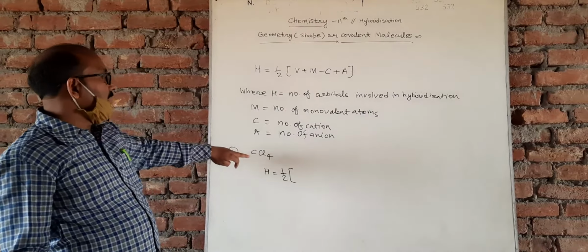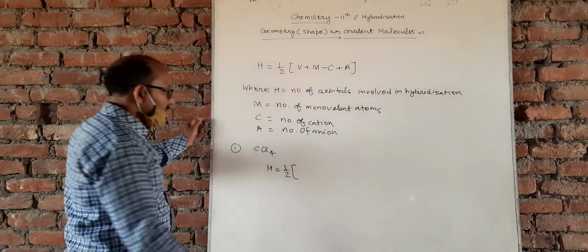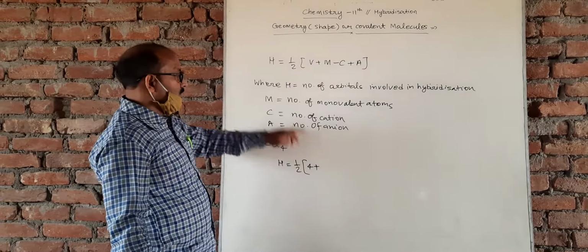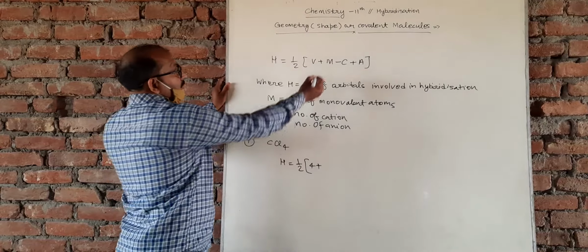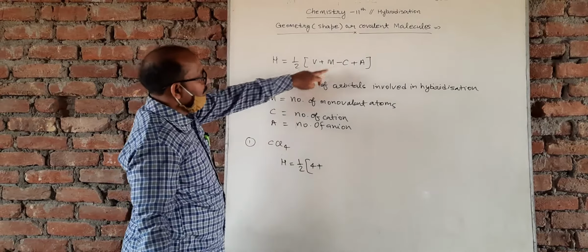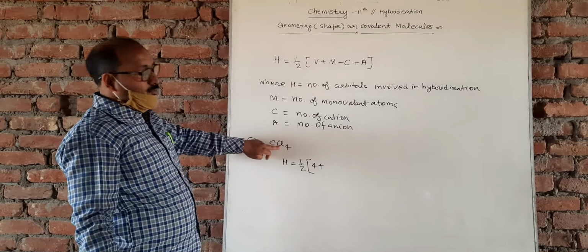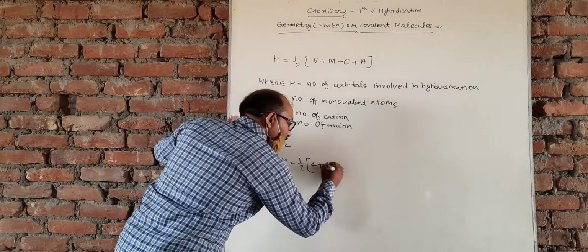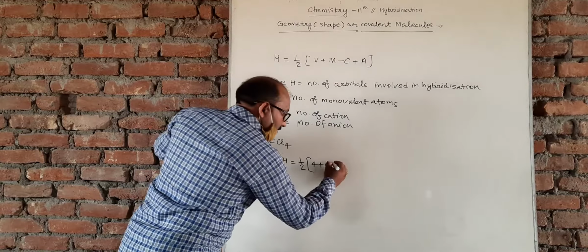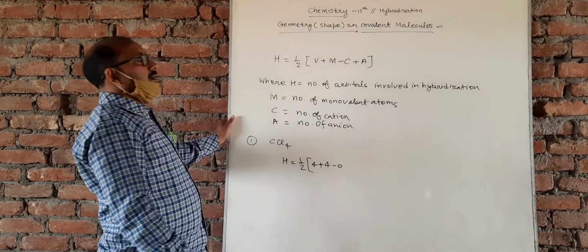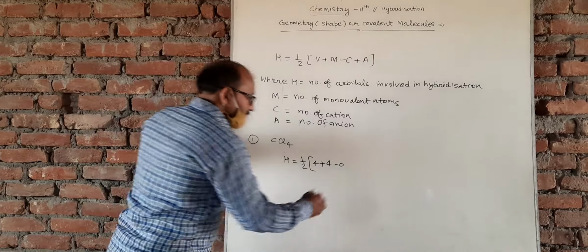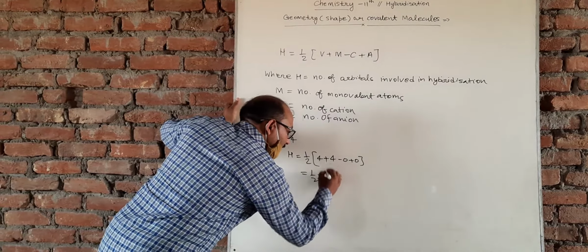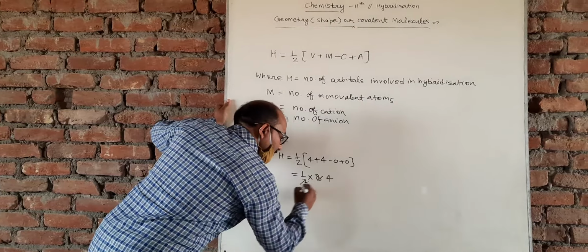The central atom is carbon, and carbon has 4 electrons, so V equals 4. The value of M is the number of monovalent atoms, here 4, and the number of cations and anions is 0. So 1 by 2 into 8 is 4.